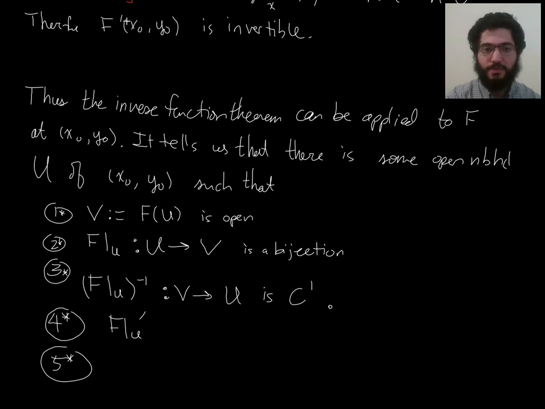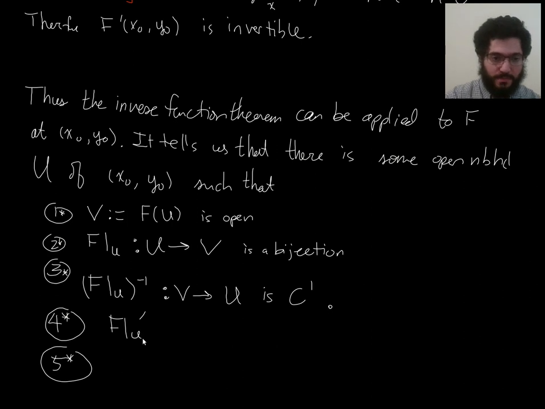Right? That's what we needed. That's what we worked so hard to prove up here. So the inverse function theorem has an assumption of invertibility of F prime at one point. But what it provides is invertibility of F prime actually on the entire neighborhood U of that one point.